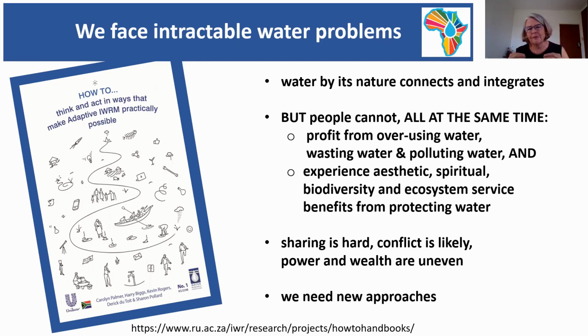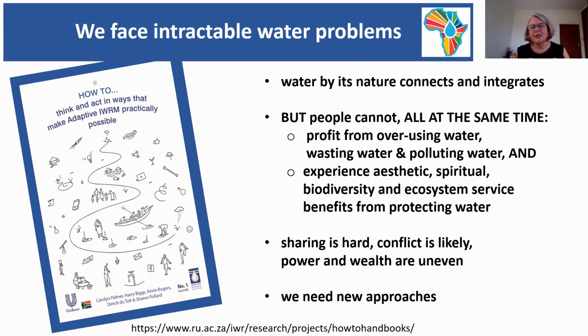They can't profit from overusing water for things like irrigation and industrial production. They can't do that and waste water and pollute it and use it usually for economic gain and at the same time experience the aesthetic and spiritual offerings of aquatic ecosystems and water places.